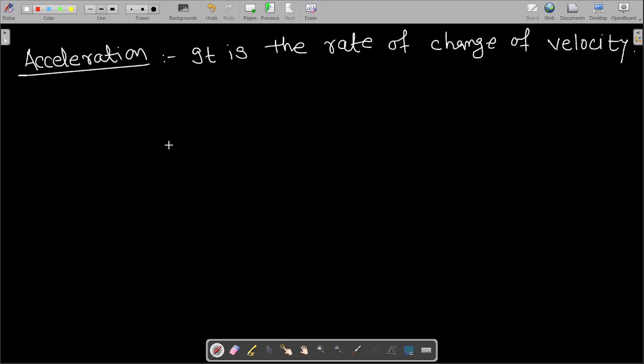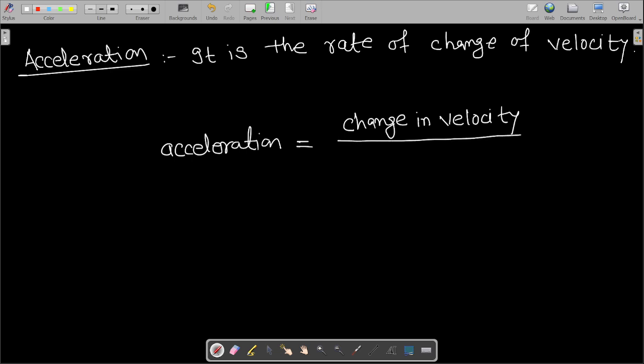Okay, acceleration is equal to change in velocity upon time interval.